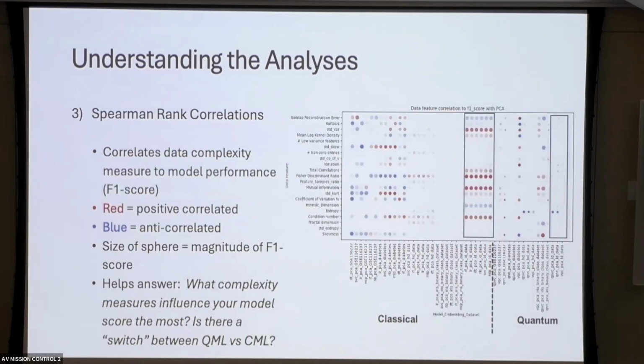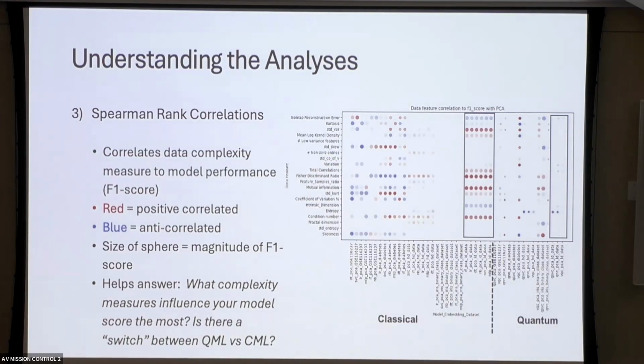Now you have performance, and you have the structure and complexity of your data together, so you can get correlations. These are Spearman correlation plots in which you can see that for all these data sets and for these complexity measures, your data sets are either anti-correlated or positively correlated with a particular complexity measure.